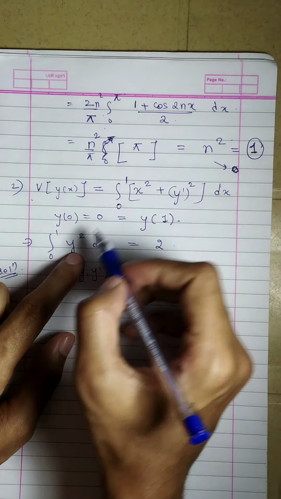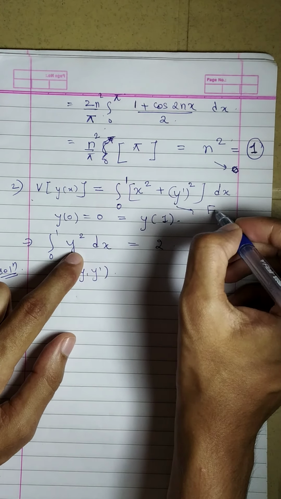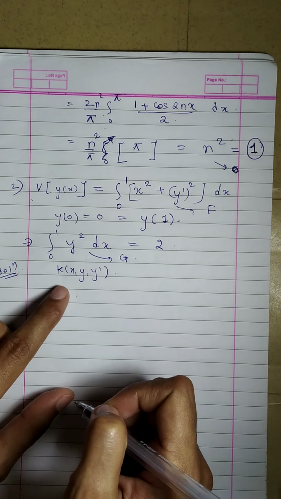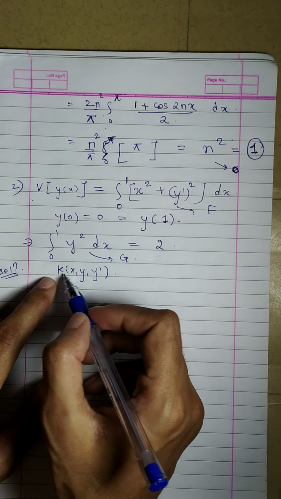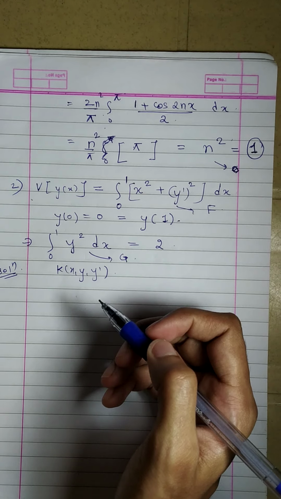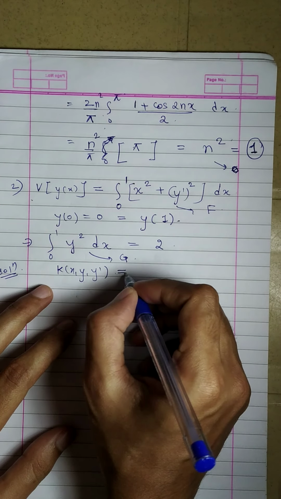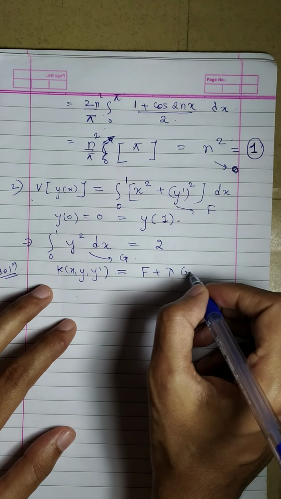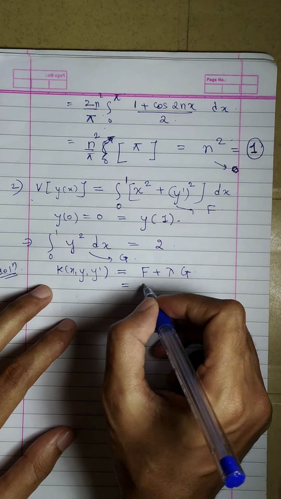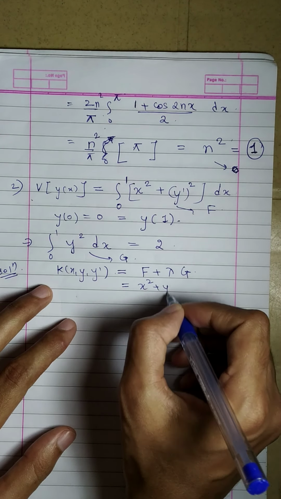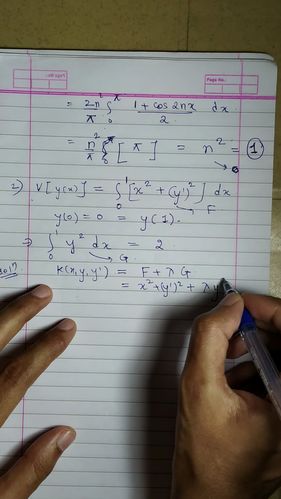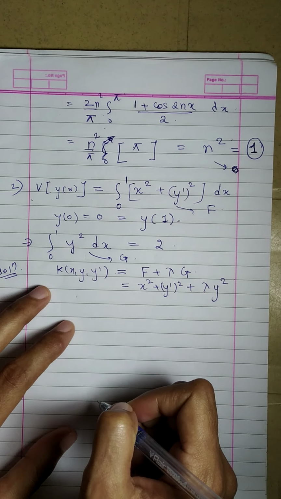This is our capital F and this will be capital G. We construct K(x, y, y dash), which is equal to F plus lambda times G, that is x square plus y dash square plus lambda into y square.